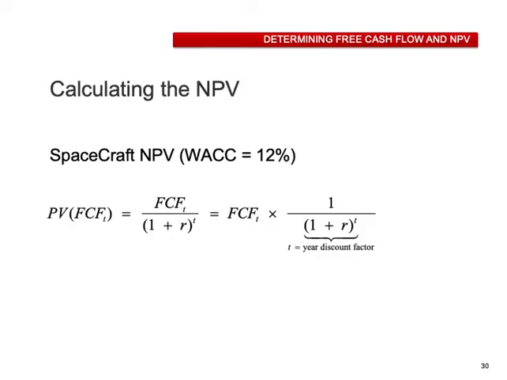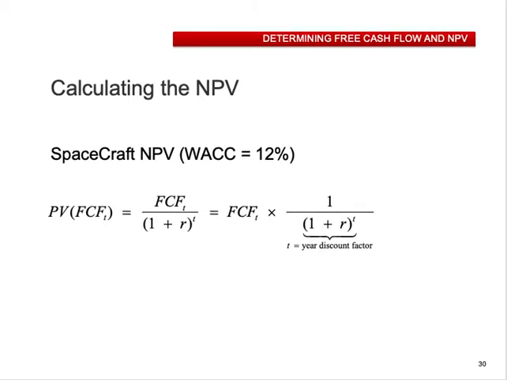In sum, we have calculated the NOPLAT, and we went from NOPLAT to free cash flow. And the next step is that we need to calculate the NPV, which stands for net present value. The net present value of the project is the present value of all cash flows less the present value of the investment.